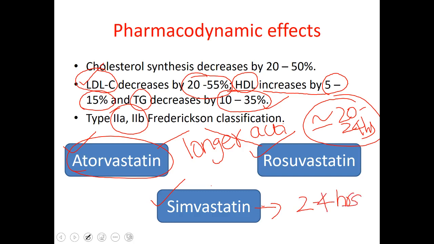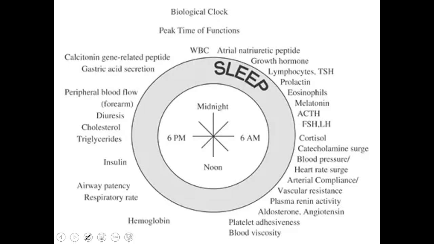What is the clinical significance of knowing this duration of action? If you see the physiological rhythm, I am sure you all remember this picture. Could you recollect where you have seen this?